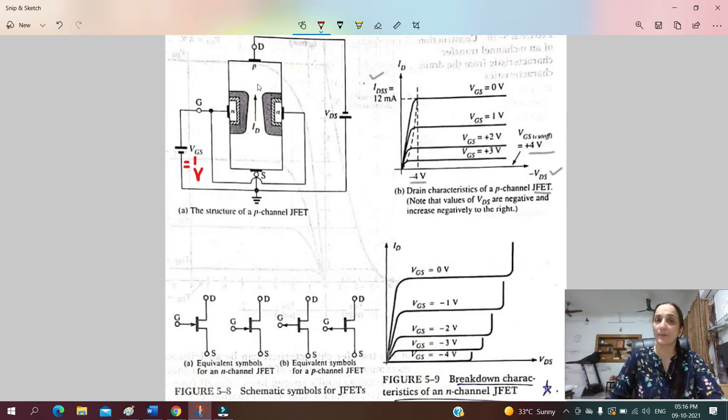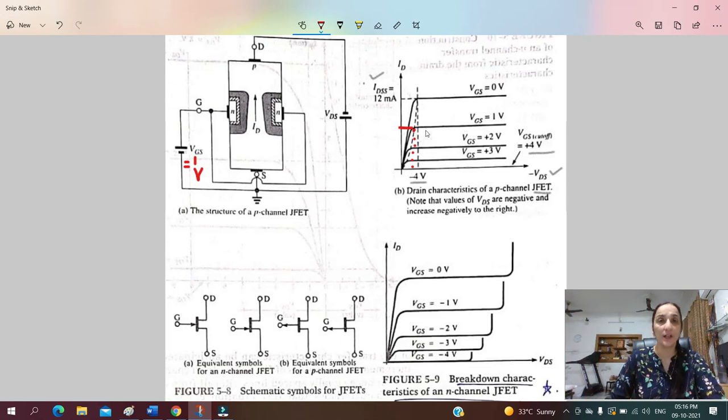So what will happen? You can see that now the current saturates at a lower level. Pinch off also occurs at a lower value of VDS and the drain current becomes smaller.